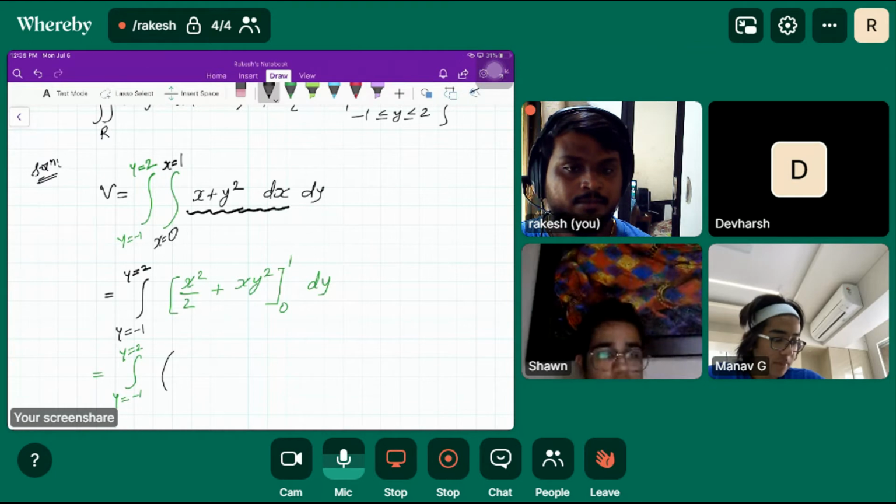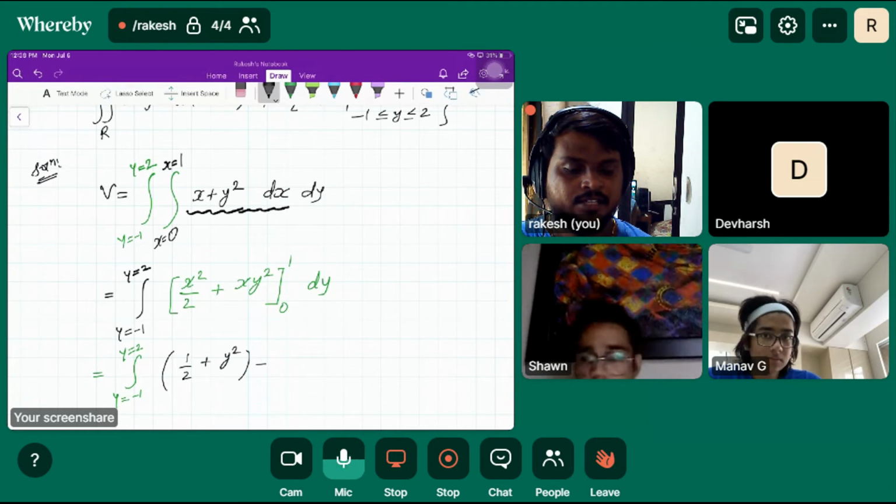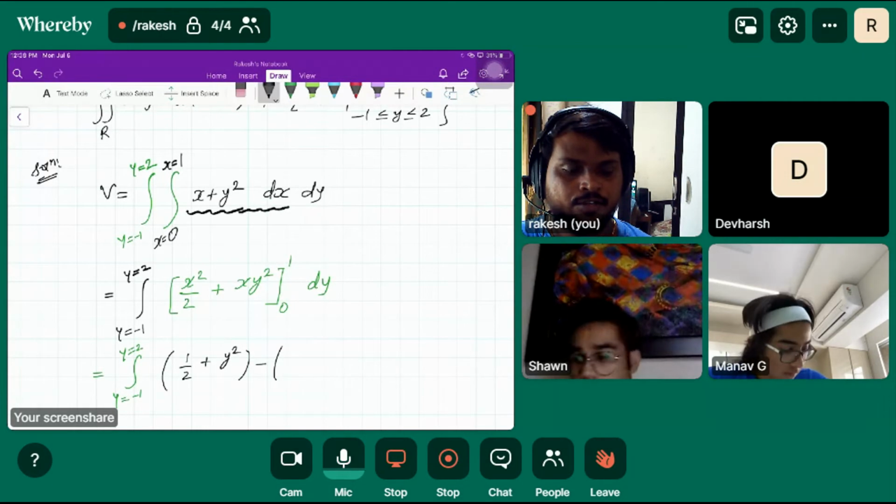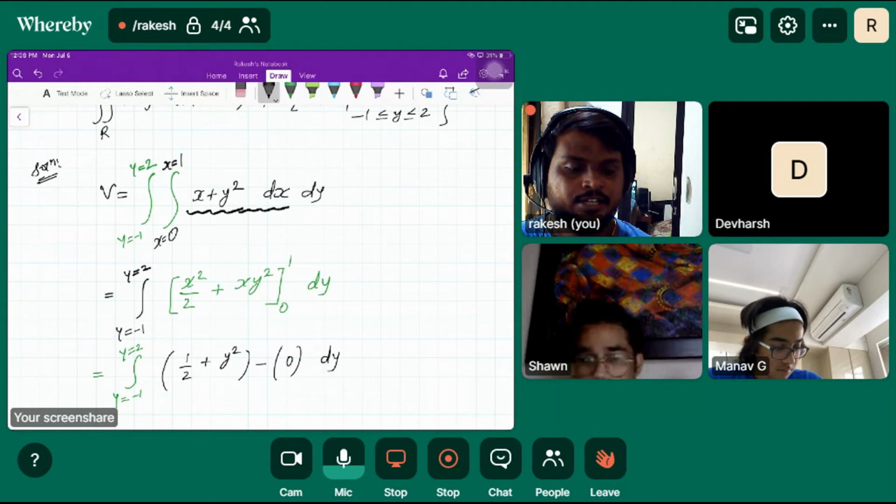Always be focused on this. So x is 1, like x square by 2, so 1 by 2 plus 1 y square, minus, if you plug x equal to 0, it will give you 0, dy, right?